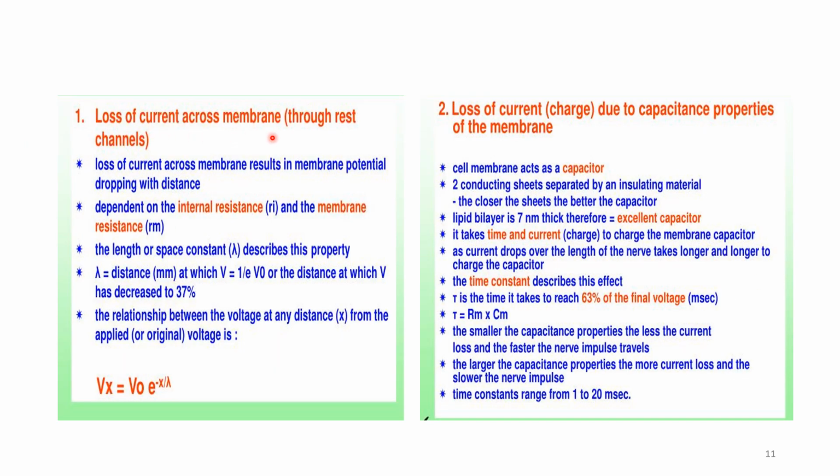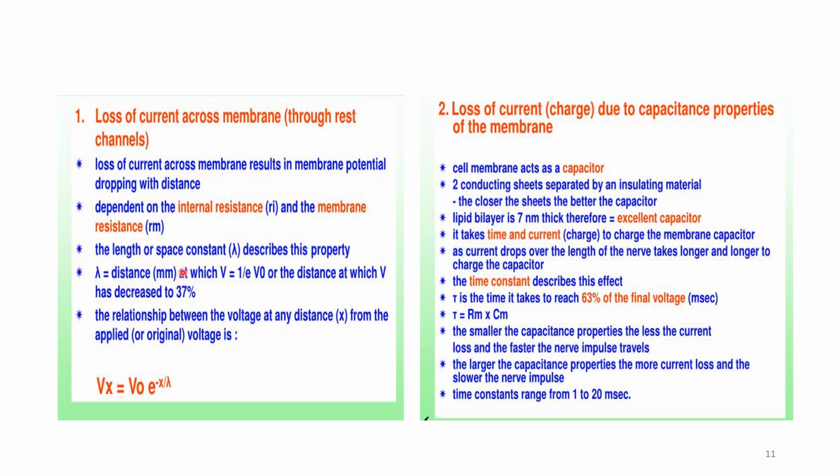Loss of current across the membrane. How does it occur? Loss of current across the membrane through leaky channels or rest channels. Loss of current across the membrane results in a drop in the membrane potential, and it depends upon the internal resistance and the membrane resistance.